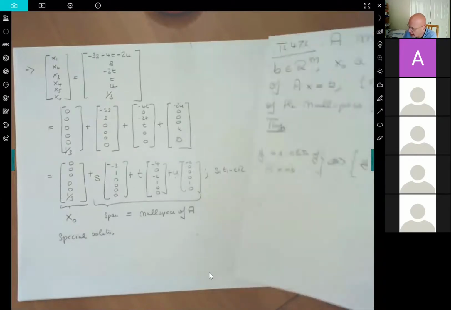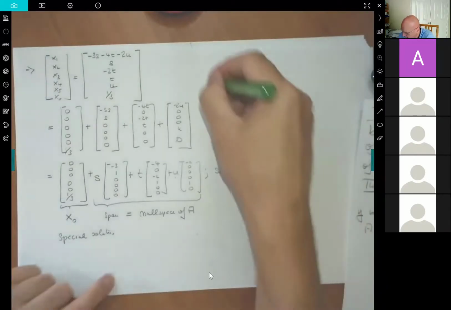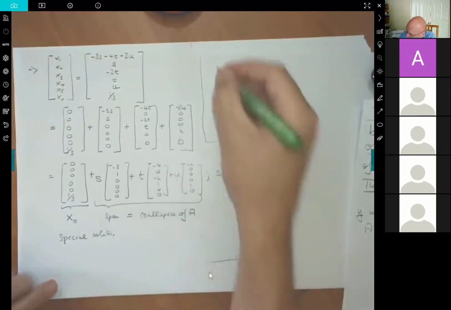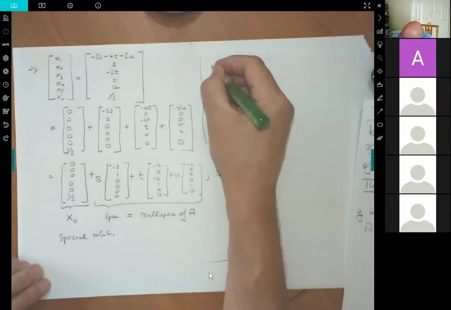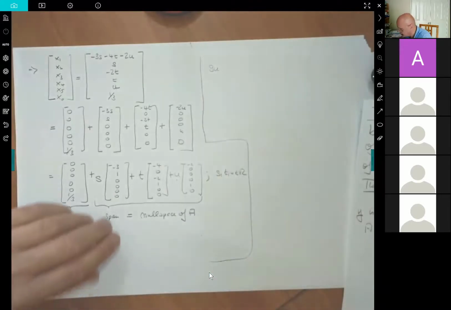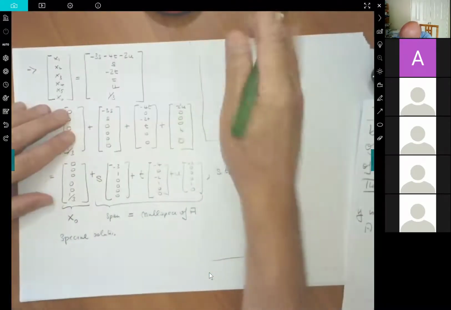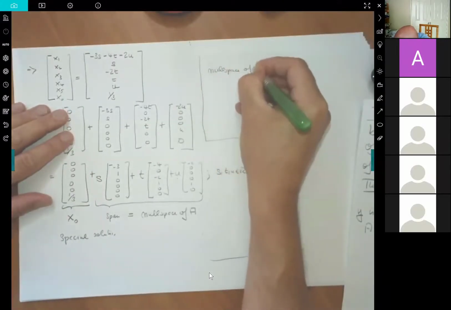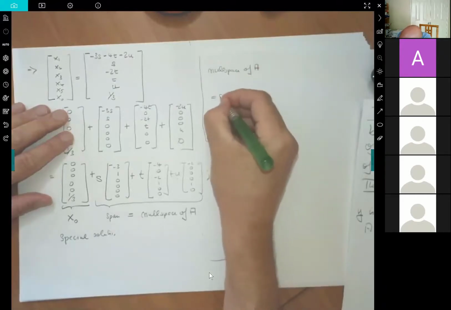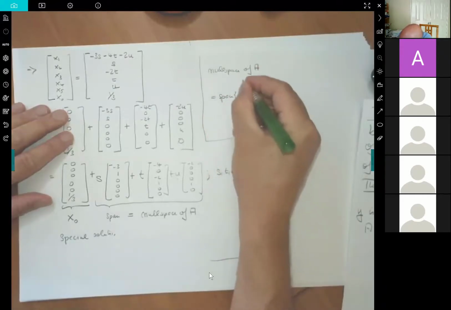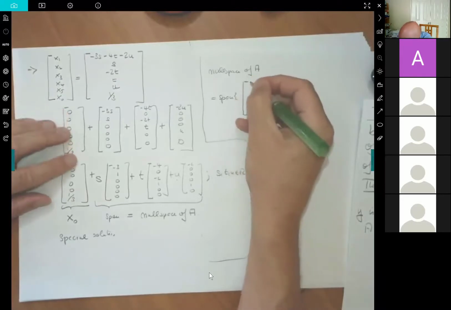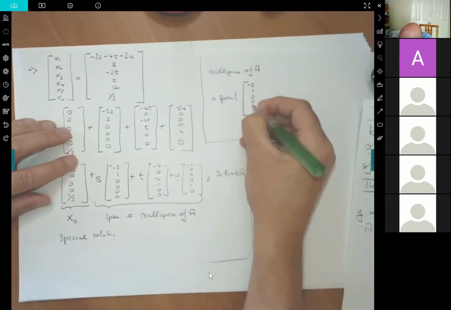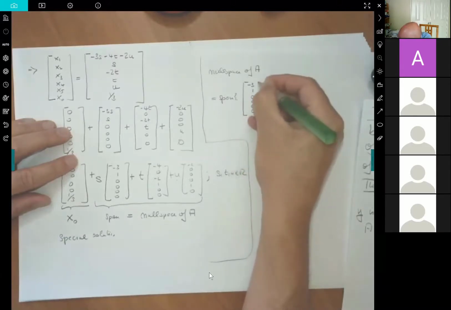And now the last thing left is to write down the null space one more time. So, not null space, sorry. Null space of A is the span of these three vectors, minus 3, 1, 0, 0, 0, 0.